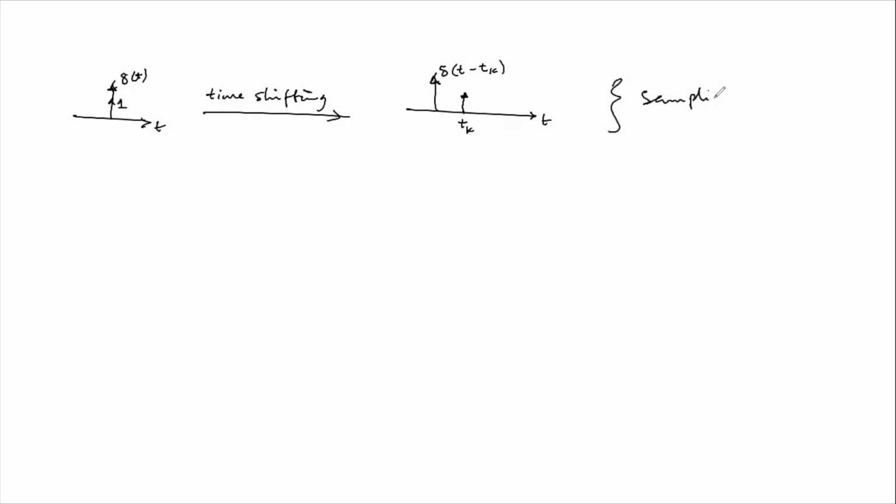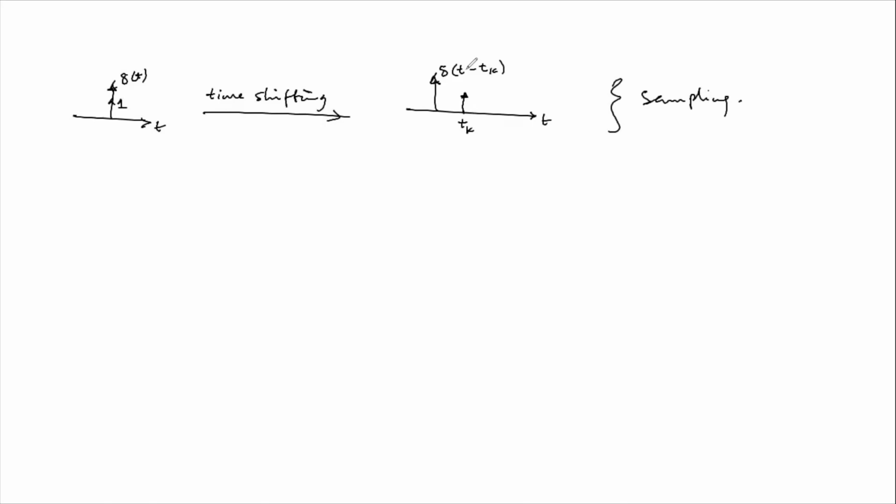Now, if we perform time shifting here, such that this is t sub k, see that the unit impulse is shifted to the time of interest, t sub k. This parameter is very useful.